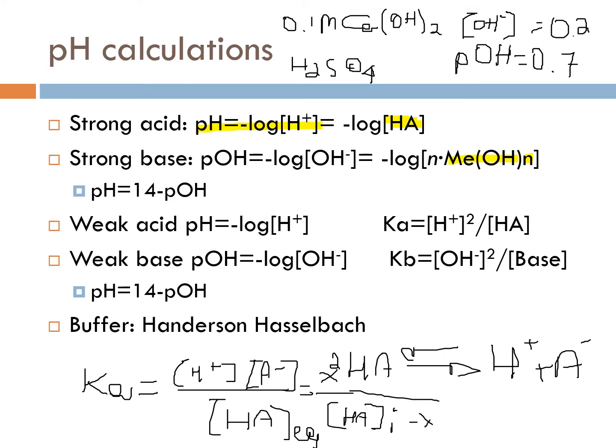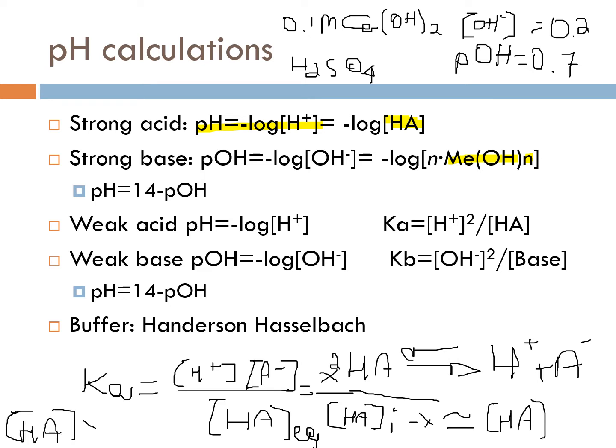But you can definitely go for the simplification, you know, the 5% rule thing. So assume that X is so small that when you do the subtraction, this is going to be almost identical to the initial HA. If you remember, the rule of thumb is that that's okay as long as the initial concentration of HA is large enough and Ka is small enough.